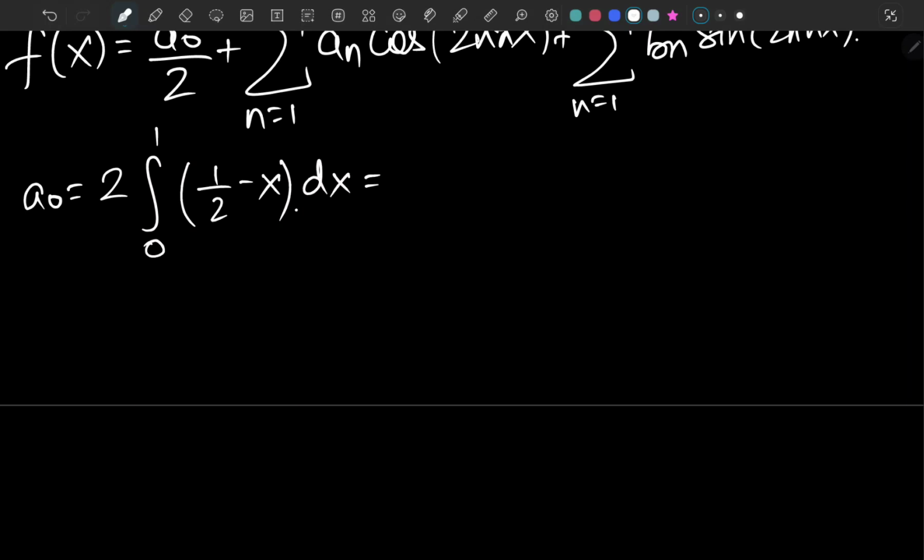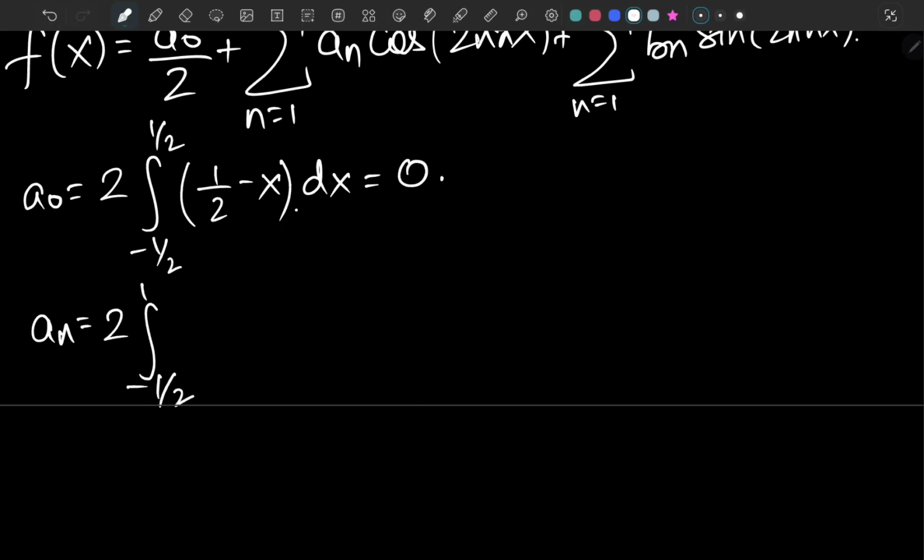So when you evaluate this, that's gonna give us 0, because we had the integral from negative 1 over 2 to 1 over 2. Since it's the integral from negative a to a of an odd function, obviously we know that it's 0.